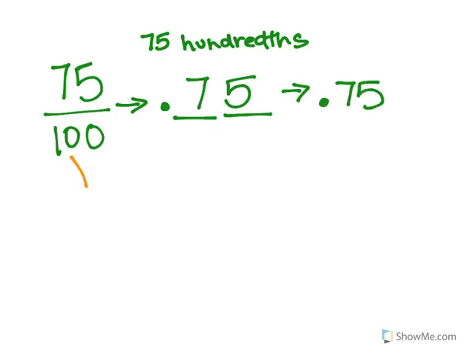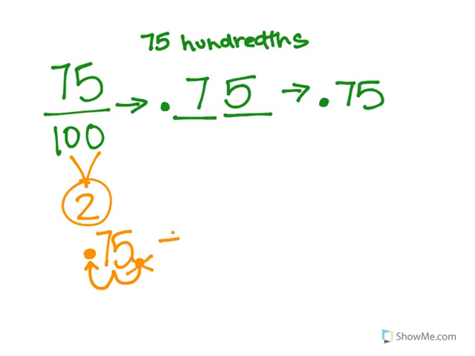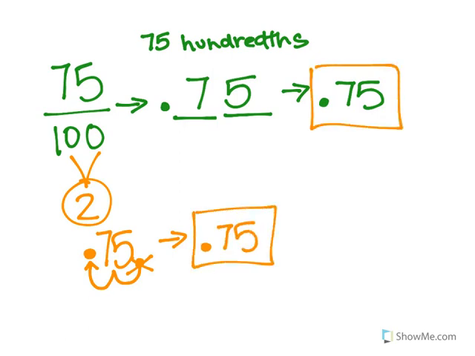Or I could have realized there's two zeros here. So I write 75 hundredths, put my decimal point where it would normally be, but I move it forward 2 because there were two zeros. So in the end, this decimal point's not here anymore. It's now right here. So my decimal would be this. Either way, we got the right answer.